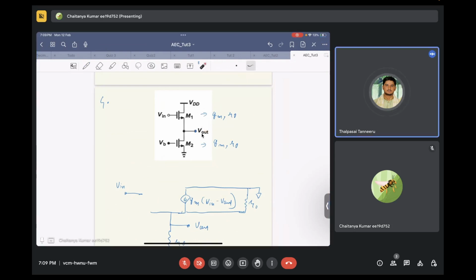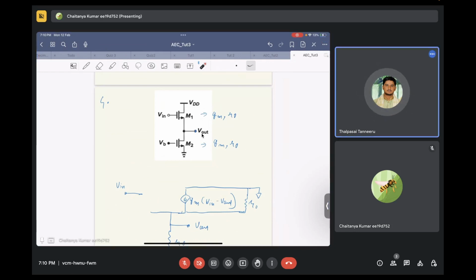Why? Try to explain the complete flow. If Vout is increasing, then current will get reduced due to which transistor, M1 or M2?